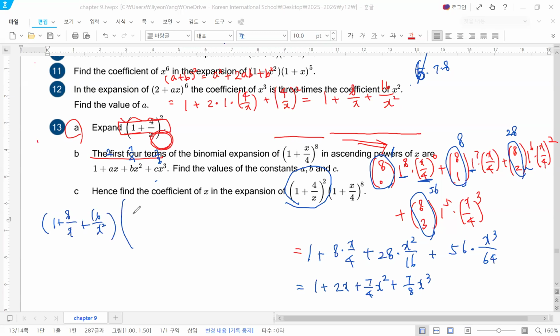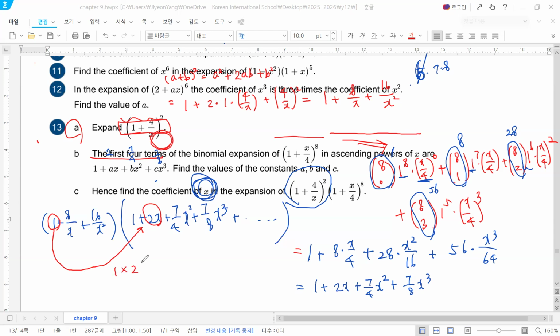And then here, 1 plus 2x plus 7 over 4 x squared plus 7 over 8 x cubed plus and so on. So what we need to do is find the coefficient of x. So from this one, to make x, just simply multiply by 2x. So 1 times 2x.